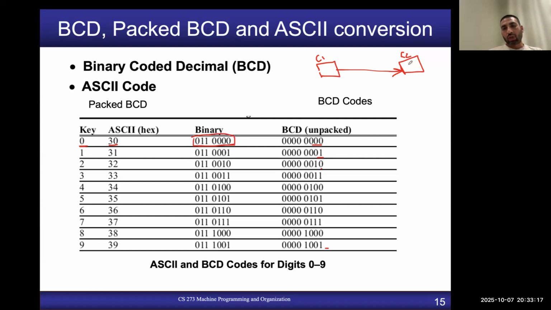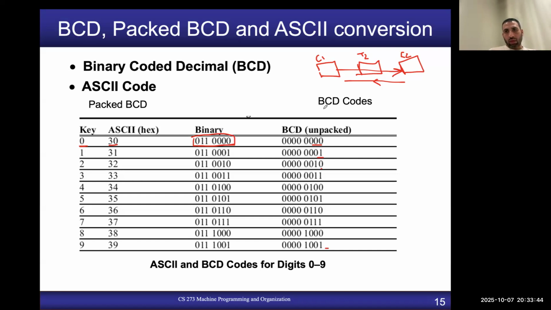But component 2 doesn't understand this binary coding. It expects the BCD coding. Which means that in between we need to do the translation from ASCII code to the BCD code. And that is also true if C2 is sending data back to C1. In that case, we will need to translate BCD coding of numbers back into the ASCII coding, right?